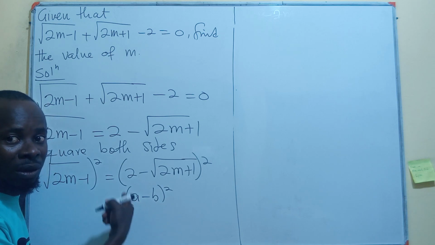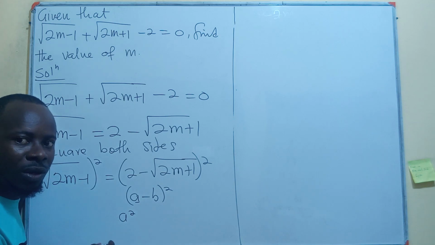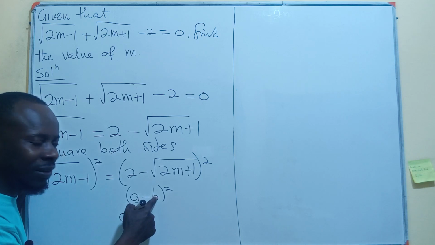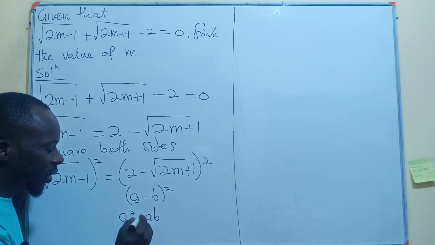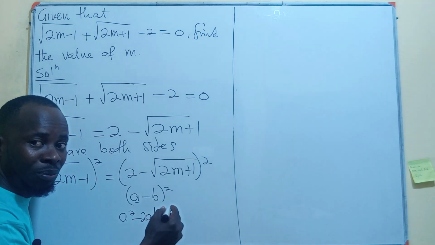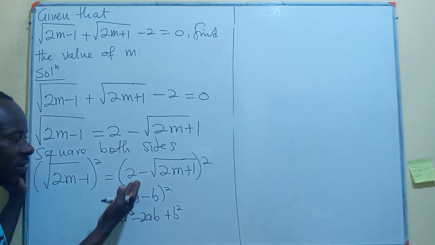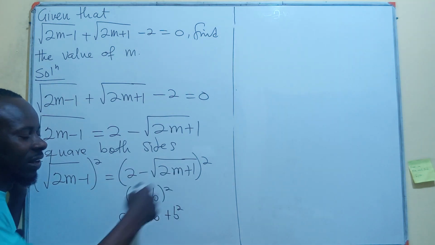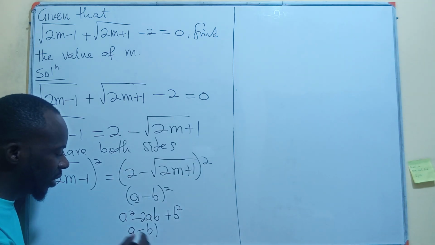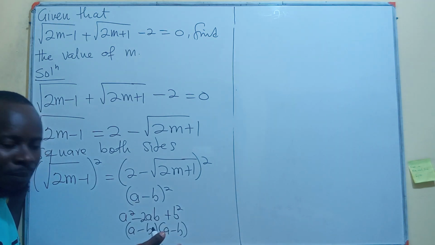We can multiply it bracket by bracket, or we square the first, meaning a square, twice the product, meaning this time minus 2ab, then you square the last, minus b times minus b gives a positive b square. So the same thing: you square the first, twice their product, then square the last. You can also write it as a minus b times a minus b, then use the FOIL method to expand.